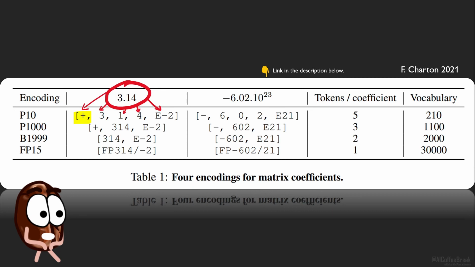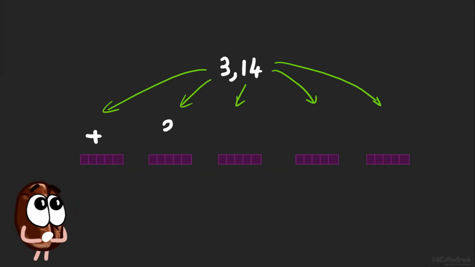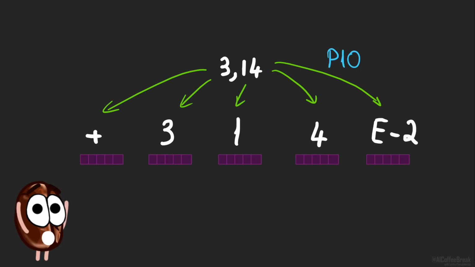This means that the knowledge about numbers is explicated. For example, in the P10 and P1000 representations, we explicitly have the information of whether the number is positive or negative, and this is explicitly stated in a separate token. So yes, each number is tokenized into 5 tokens in the P10 representation, so the sequence length is blown up by 5 times, but this also means that the sign of the number is a special token in the vocabulary, so the plus token is shared among all positive numbers in the vocabulary.